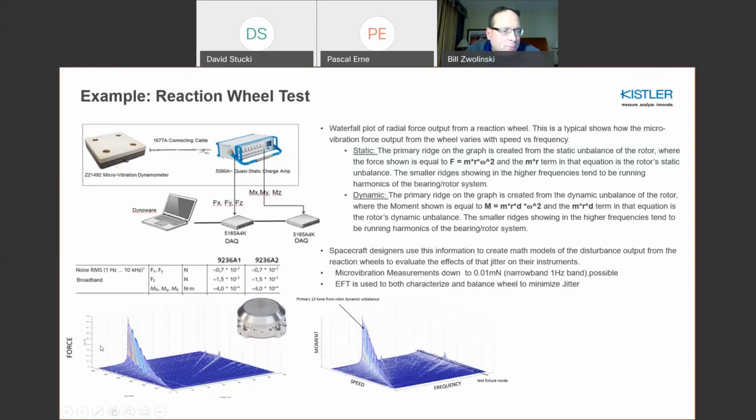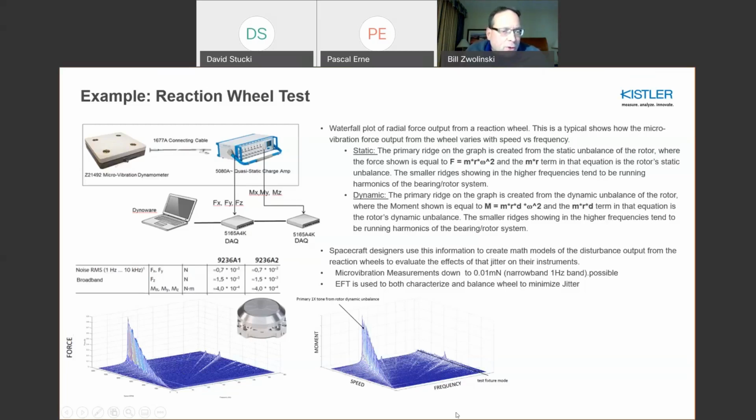what's called a waterfall plot of force, rotational speed versus temporal frequency, where you would see the static imbalance, and then you'd have the dynamic imbalance with moment, where the primary ridge is usually associated with the static or dynamic imbalance of the rotor. And then you would have harmonics perhaps of that, and then also contribution of, say, bearing and rotor out in higher frequencies as well.